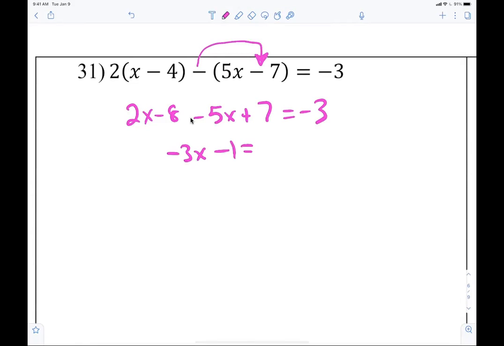You're awesome. Now what? -3. Plus 1, so -2. Good job. Divide by 3. Yeah, 2/3. You happy with that? That's why I just don't like doing decimals, okay? I don't want you to put down 2/3 as 0.6 repeated.